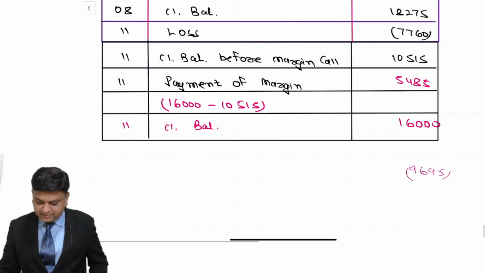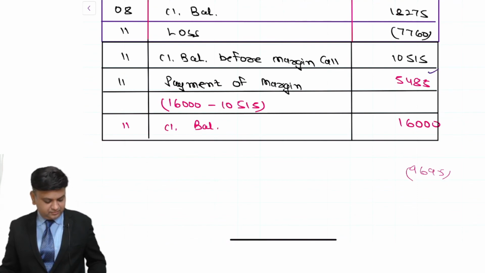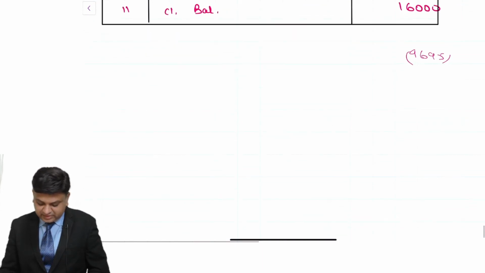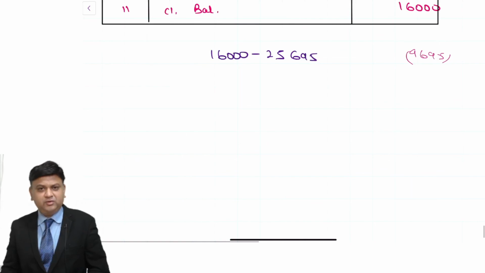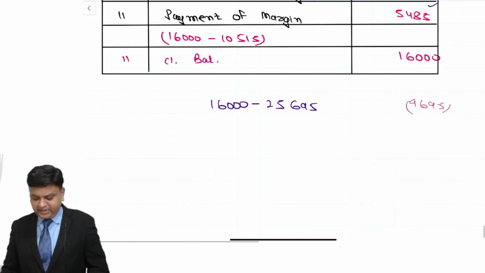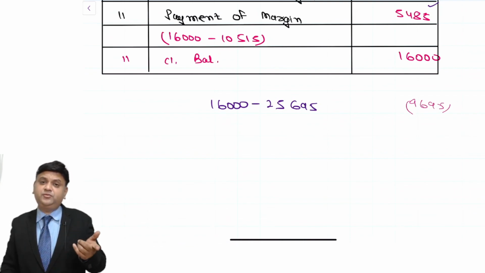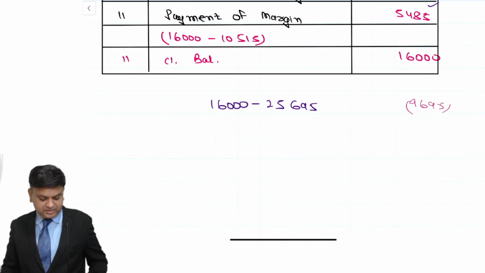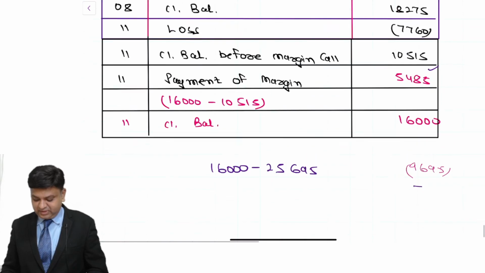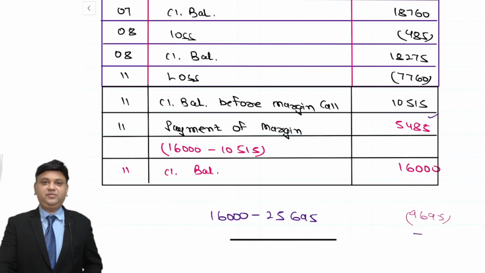Again you have made payment of margin 5485. So the total payment that you have made is 25,695, and 16,000 is what you have got when you entered into the reverse of the original futures contract, that is in square off. So the difference of both of them is exactly 9695. This is the way you can have the cross verification of the answer.